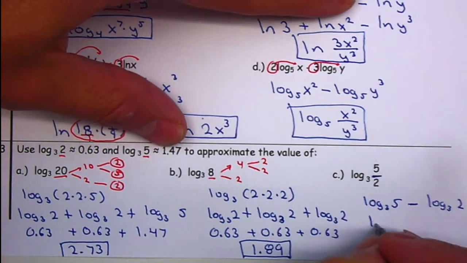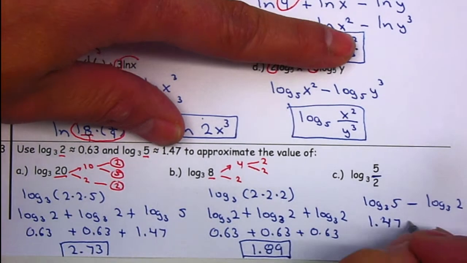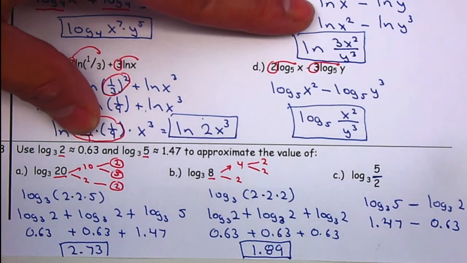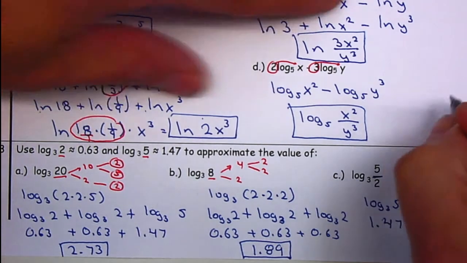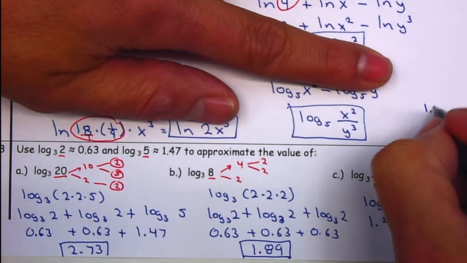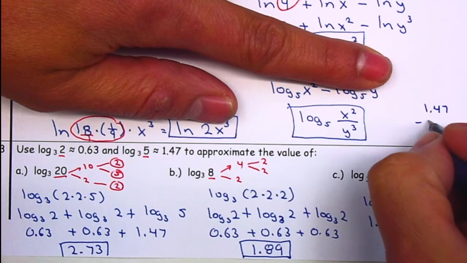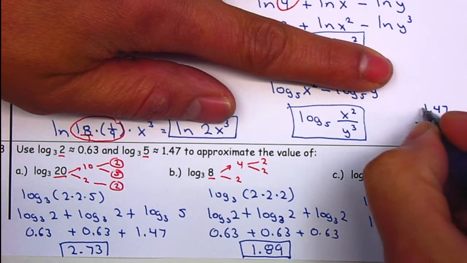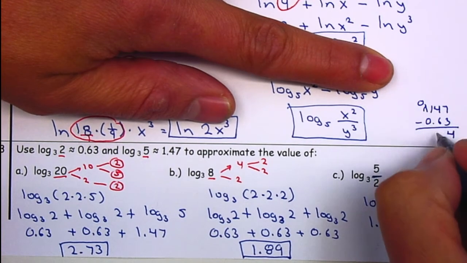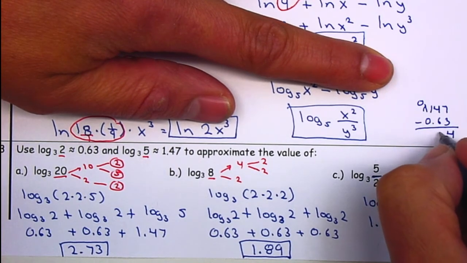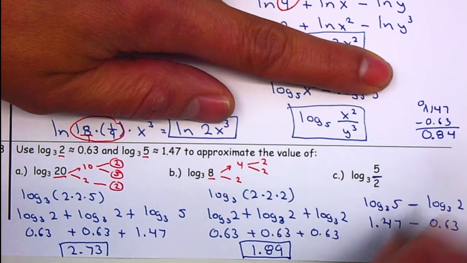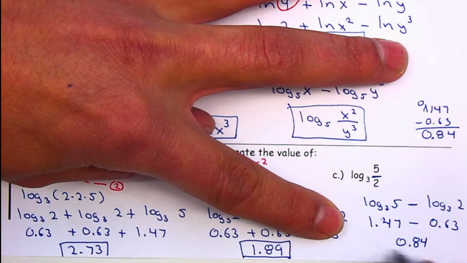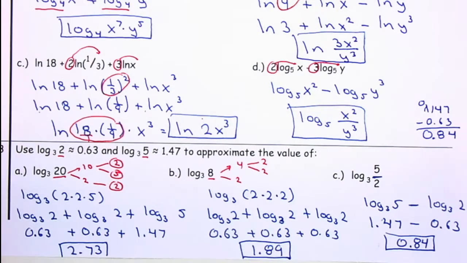This will be 1.47 minus the log base 3 of 2, which is 0.63. We'll do the subtraction above. 1.47 minus 0.63, that's 4. I'm going to borrow 1, that is 8. So it will be 0.84 approximately.